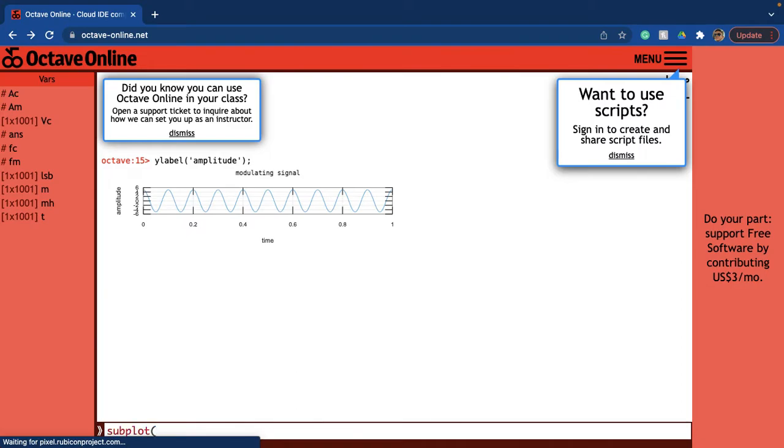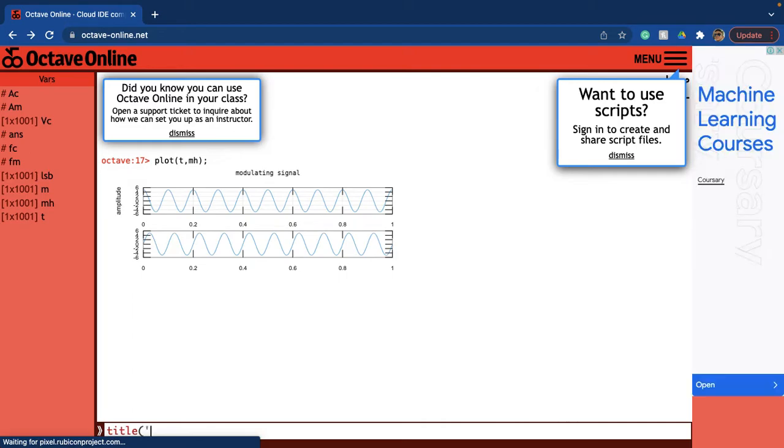So this is the second, 5 1 2, plot. The graph is between time and the Hilbert function mh, and let's have the title Hilbert transform signal.